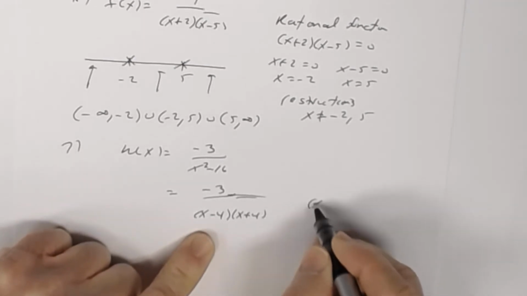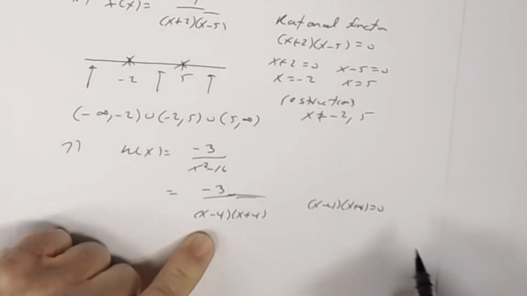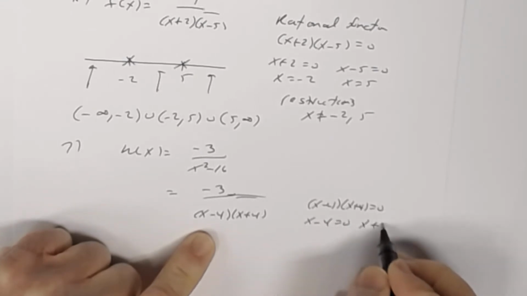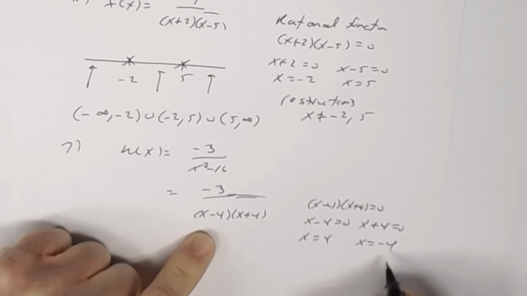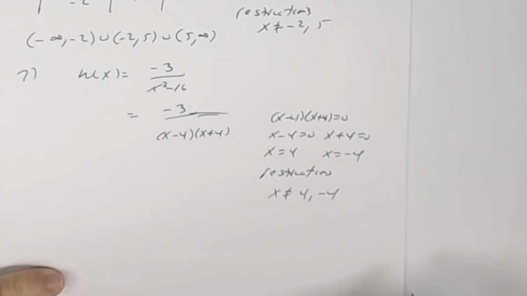So you'd say x minus 4 times x plus 4 equals 0. And so since I have a product that's 0, I have to set each one of these equal to 0. And so when I solve for x for each of those equations, I get x to be 4 and x to be negative 4. So the restrictions here would be that x cannot equal 4 or negative 4.